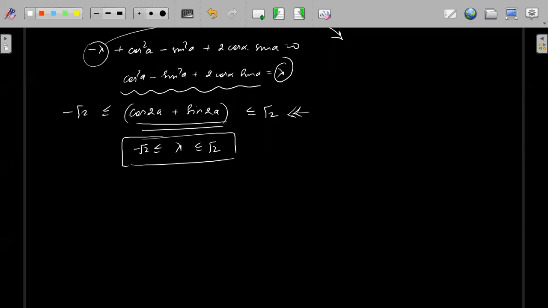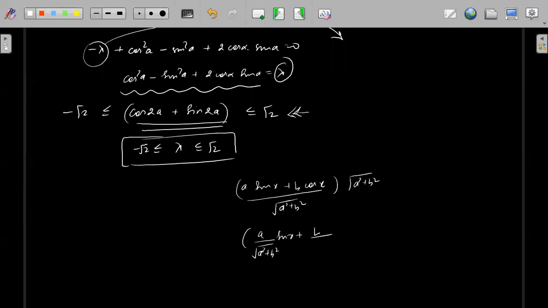The maximum and minimum value of A sin x plus B cos x: we divide and multiply this with under root of A square plus B square, so we get A by under root of A square plus B square sin x plus B by under root of A square plus B square cos x, into under root of A square plus B square.